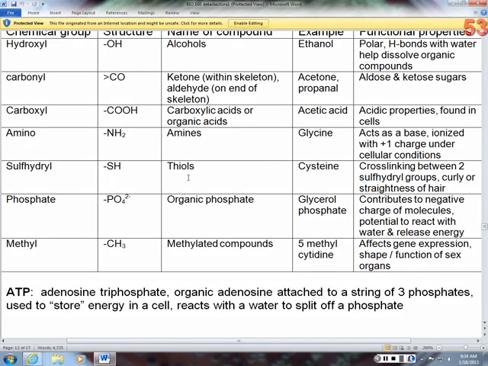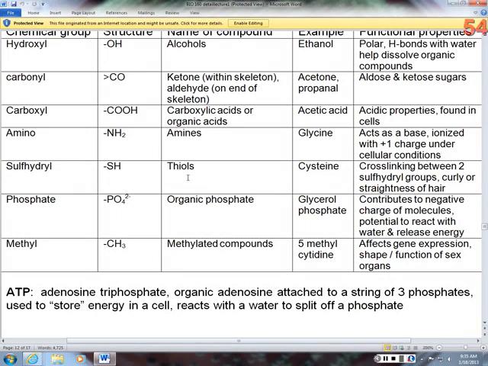So the sulfhydryl group, these are ones that have sulfurs in them, and so thiols are going to be the names of the sulfur compounds. So when you're looking at the ingredients of something and you see thiol in there, it means it's a sulfur compound. So cysteine is one of them.